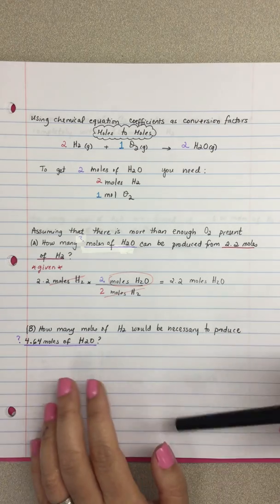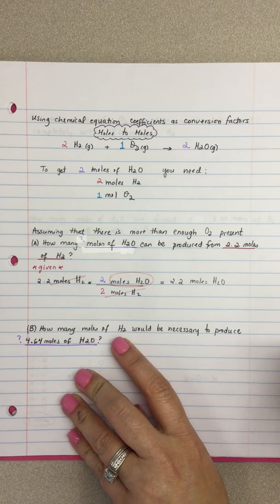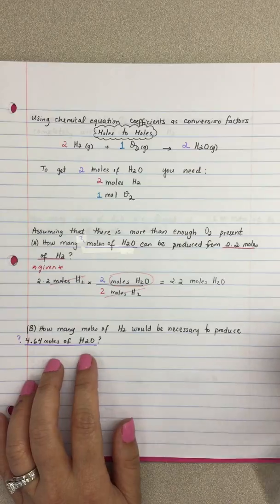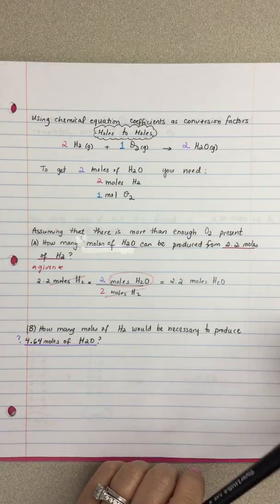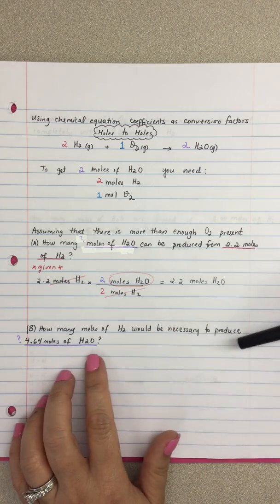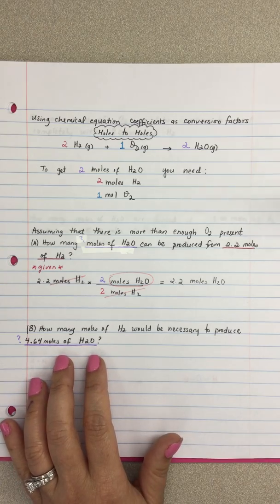Now the second one that I have here, you're trying to find out how many moles of H2 to form 4.64 moles of the water. And this is still assuming that you have enough oxygen present.